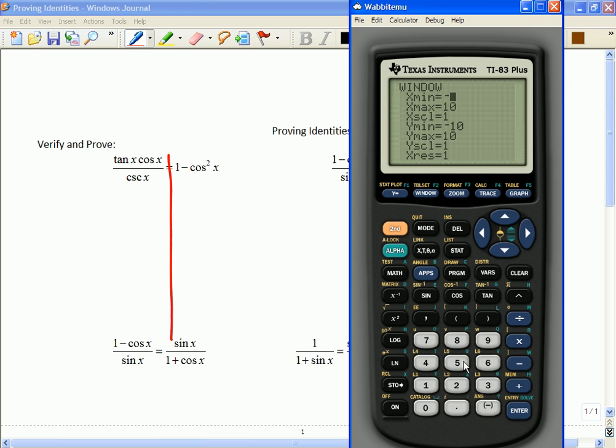Let's go -5 to 5. And that's a bit better. Okay, so that gives you an idea of what the left side looks like. By the way, if you want to pause your graph, if you hit the enter button, I believe, enter or on, one of those pauses it so you don't have to wait for the whole thing to finish.